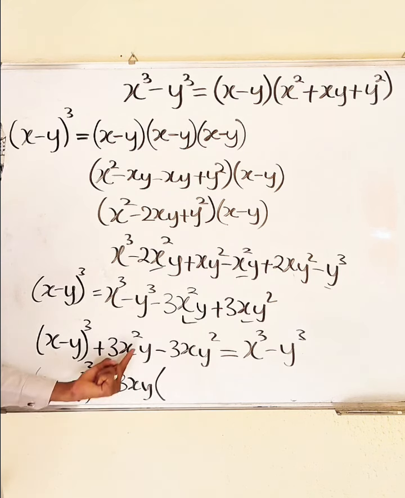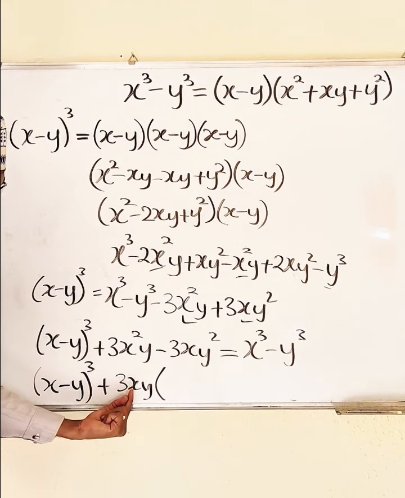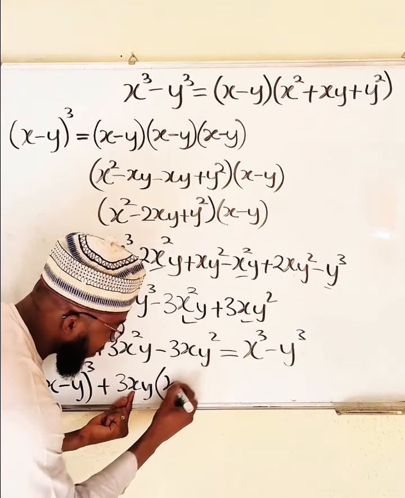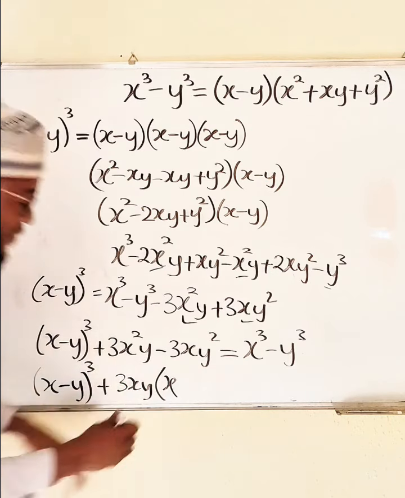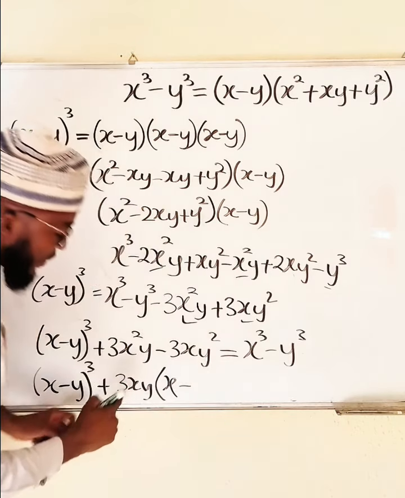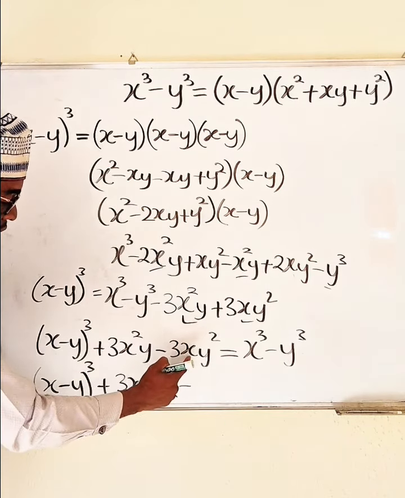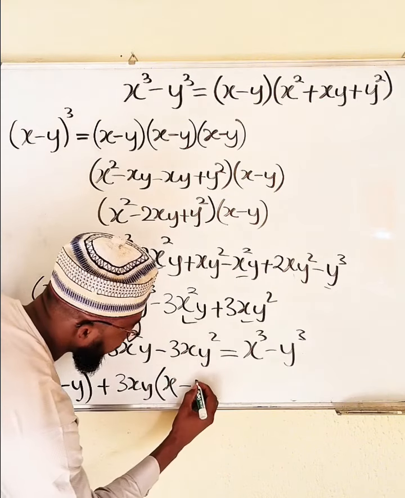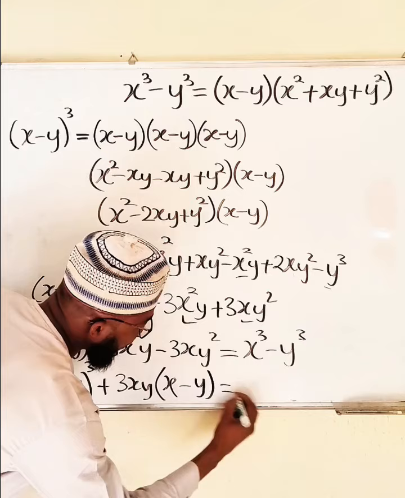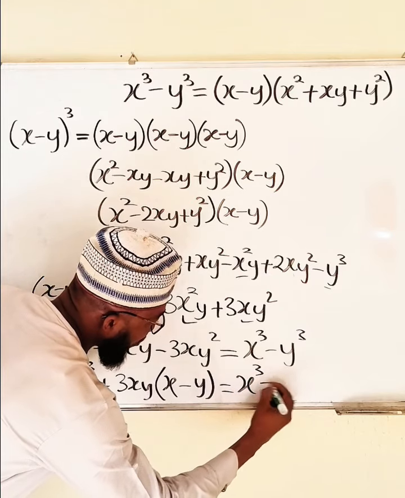This is x squared, right? X squared divided by x will give us x. Y divided by y is 1. So we only have x from the first term. Minus 3 divided by 3, 1. X divided by x, gone. Y squared divided by y, we still have y. The whole of this equals x cubed minus y cubed.